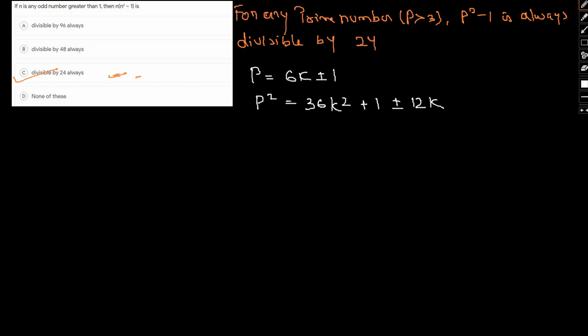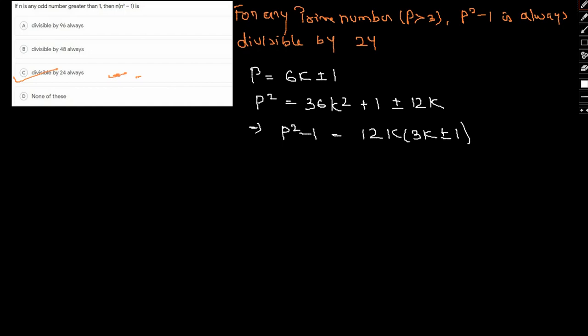Okay, so this is something I can write. This can be further written as p squared minus 1 equal to, I take 12k common, so 3k plus minus 1. Okay, so this is what we have.